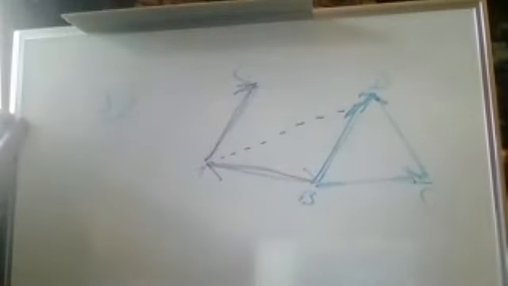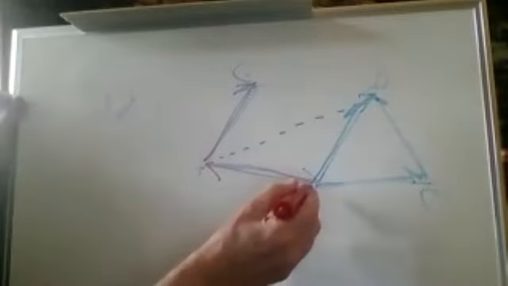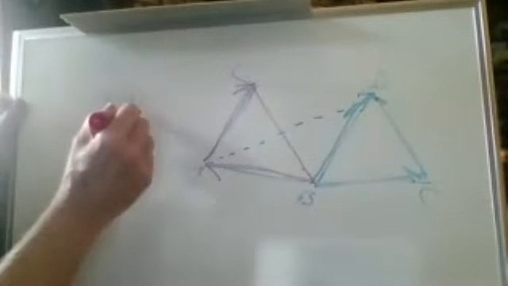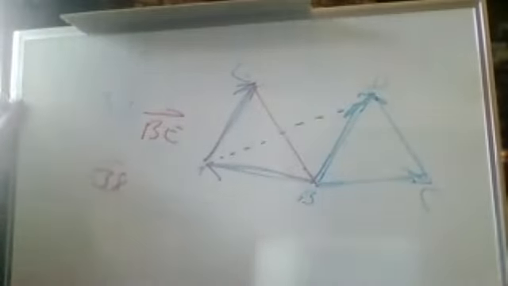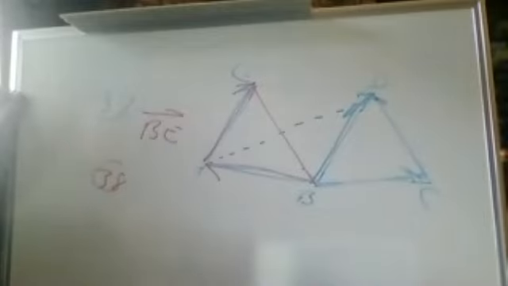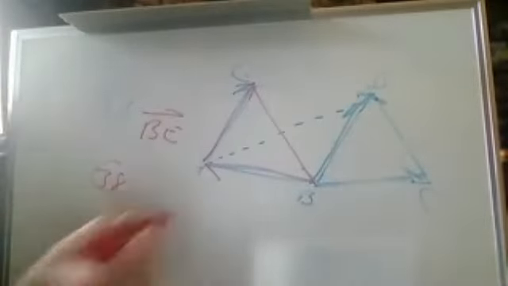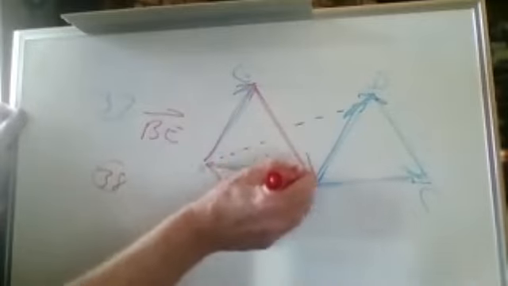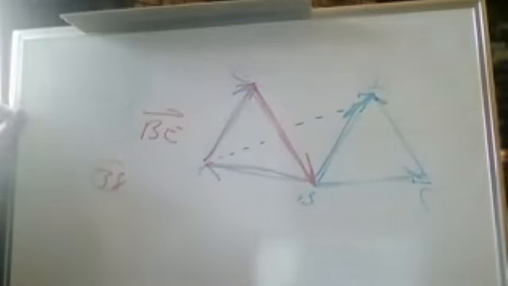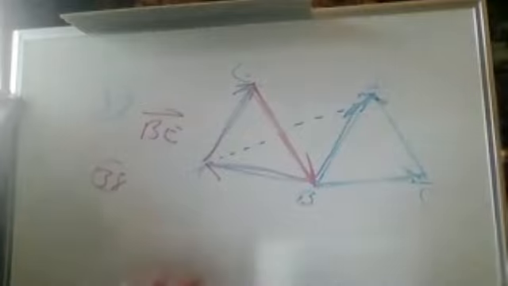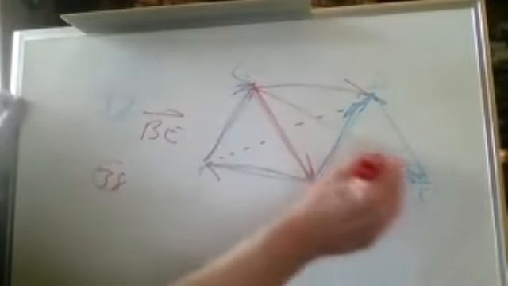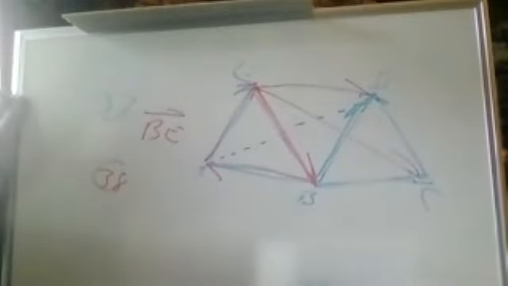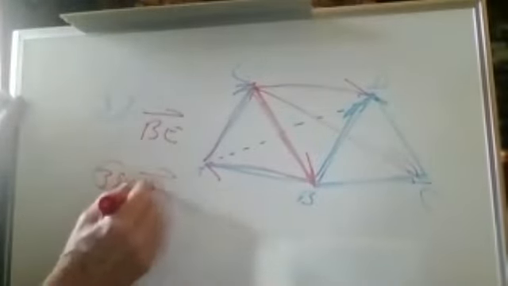So that would make it basically from here to here, which would make it vector BE. And then 38 is vector EB, this is EB right here, plus vector ED. This is ED. So my answer would be vector EC.